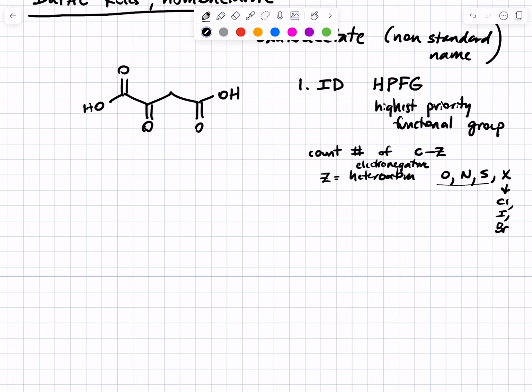For example, a carboxylic acid or an amide or an ester all have higher priority than a ketone or an aldehyde.